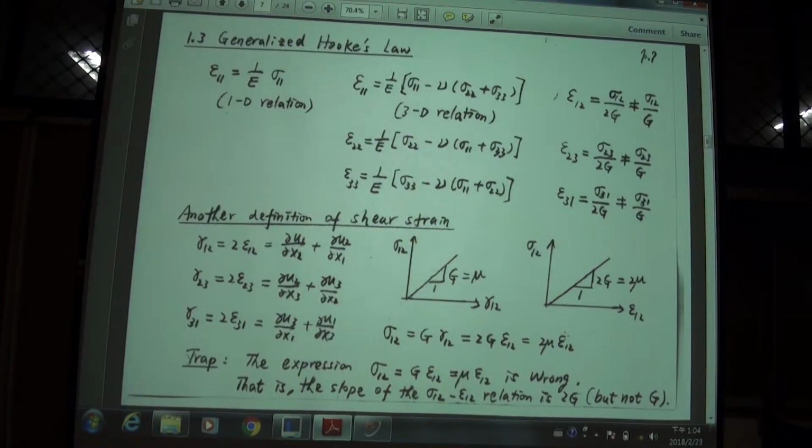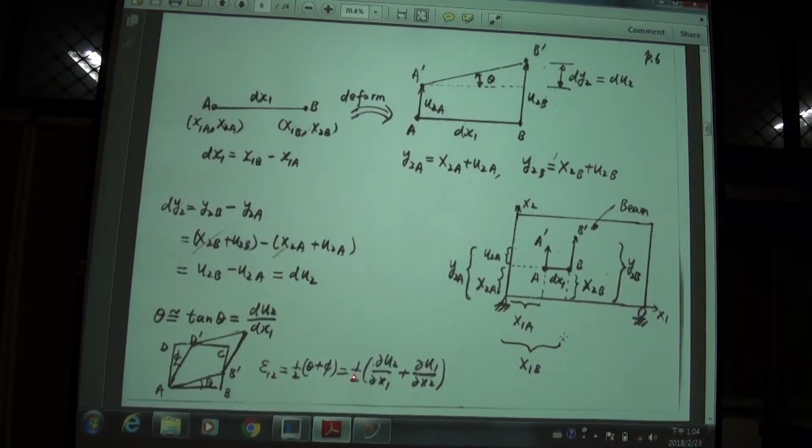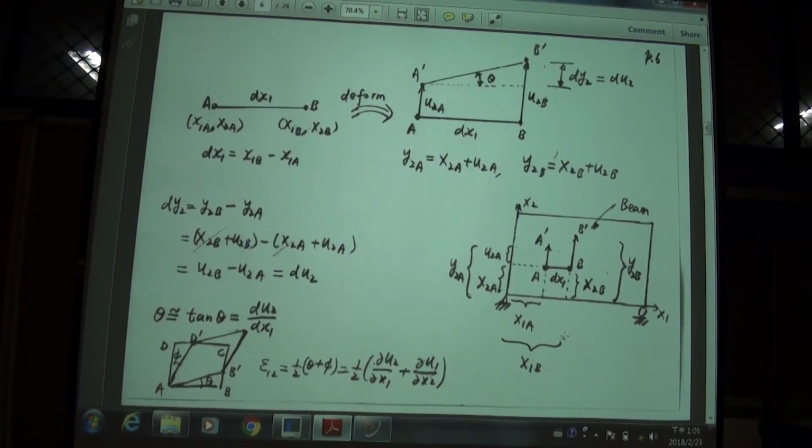Okay, how come such a tricky point occurs? Let me tell you. Because we have another definition of the shear strain. See, we mentioned that epsilon 1,2 is a shear strain here. Epsilon 1,2 equals 1/2 such and such. We have a 1/2 factor here.